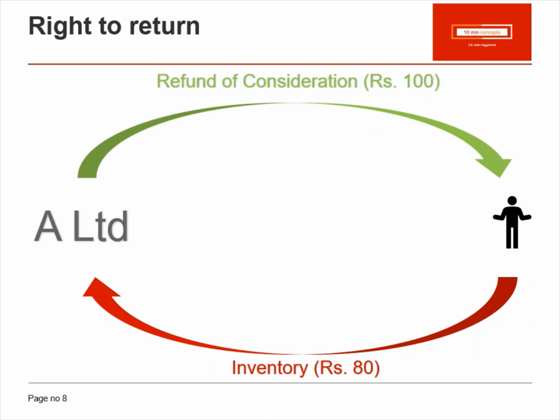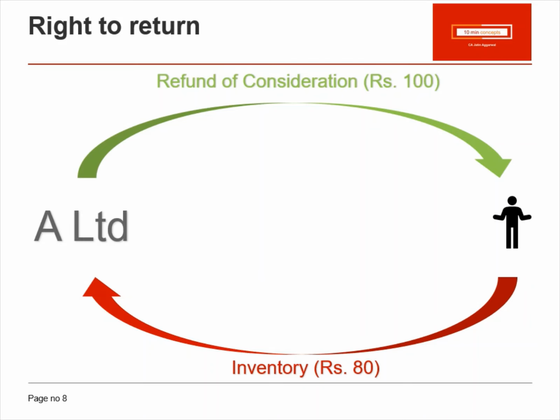In this case, consideration for returning unit is not expected, as A Limited will have to repay on return of this unit, and hence revenue for this unit should not be recognized on day one itself.